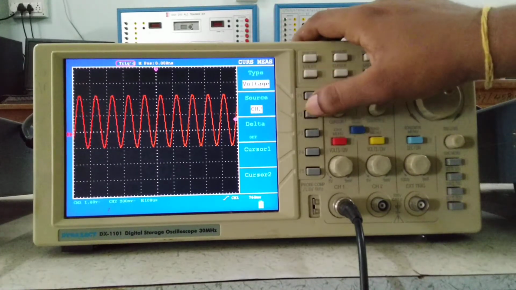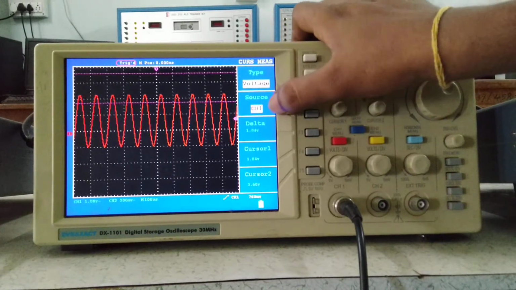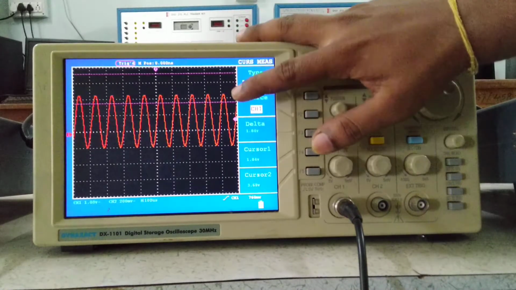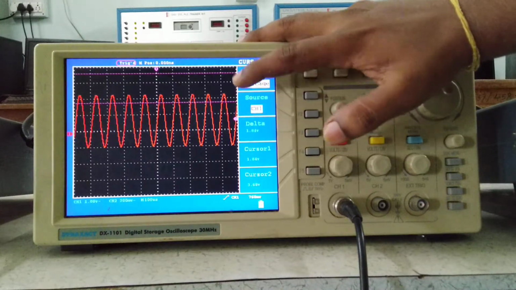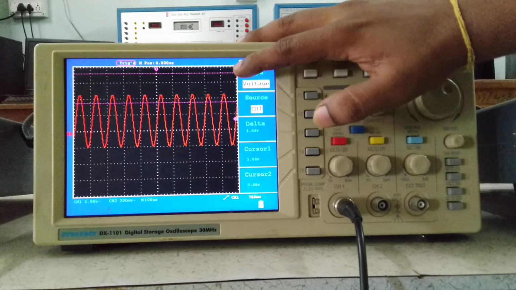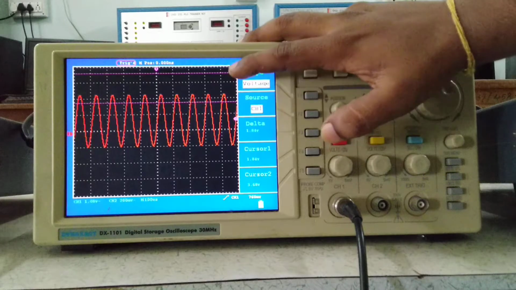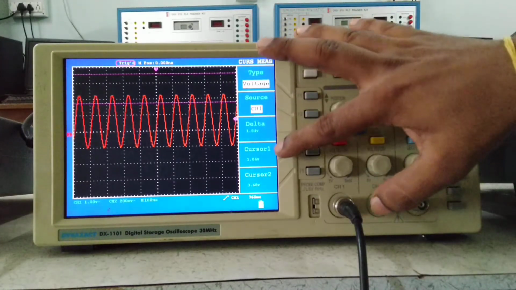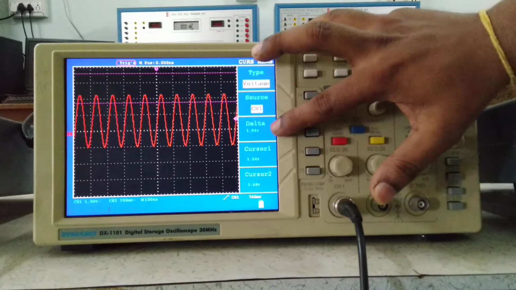It is set for channel 2, I must go for channel 1. Now by selecting the cursor mode and channel 1, you can see two pink lines have appeared on the screen. These pink lines are basically the cursors. First one is the top cursor, another one is the bottom cursor, or we can say these are two thresholds. By adjusting their positions, we can calculate the difference between the two positions, and that will be indicated as delta.